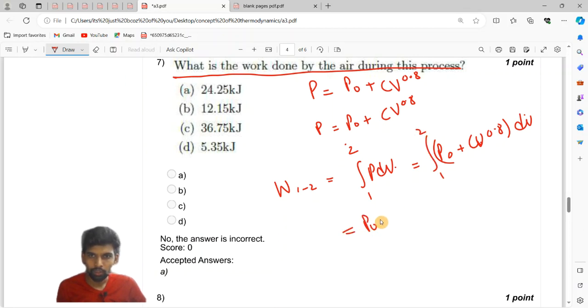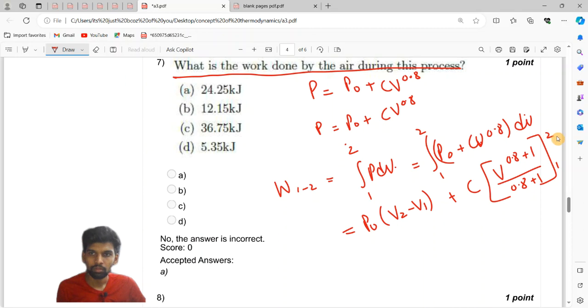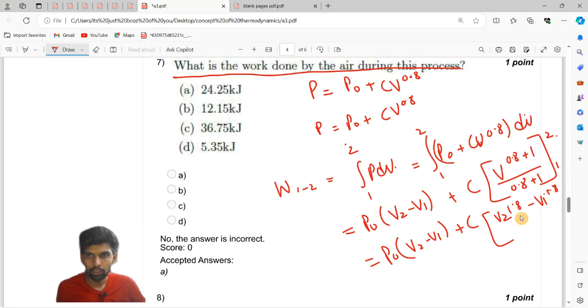So it is P naught times V2 minus V1 plus C times V2 raised to 1.8 minus V1 raised to 1.8, divided by 1.8.